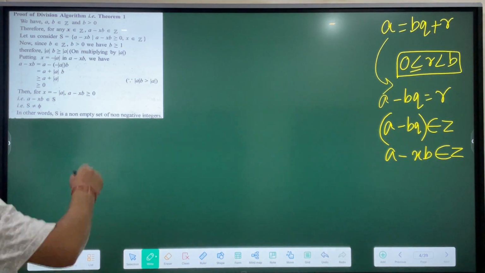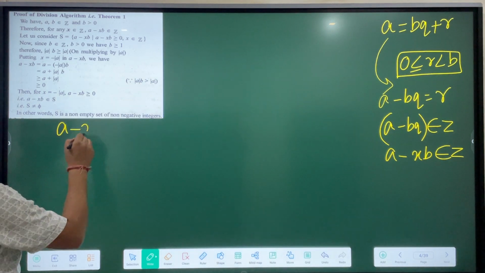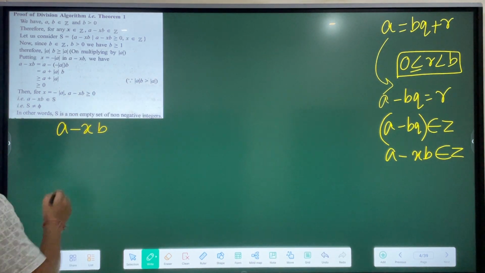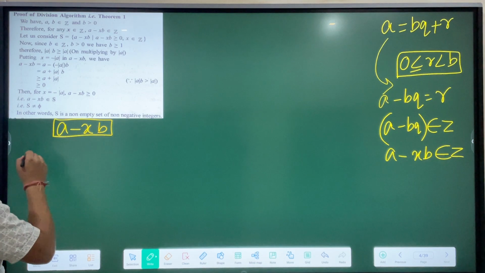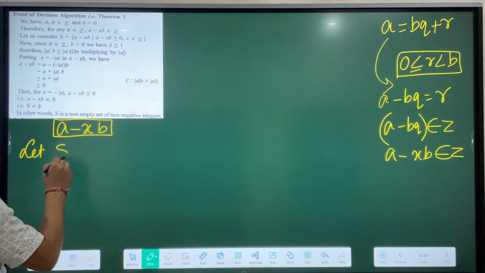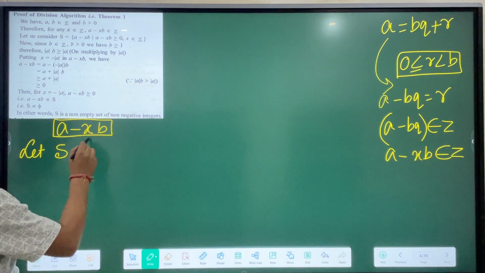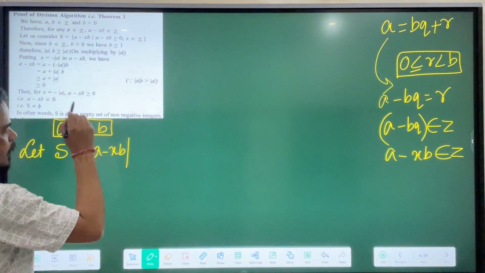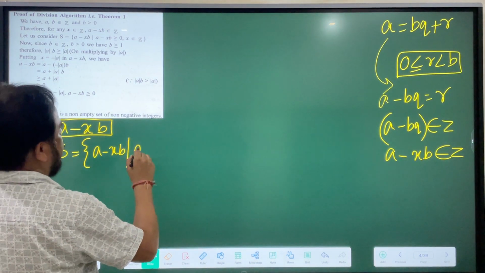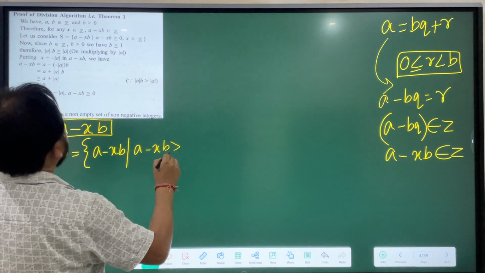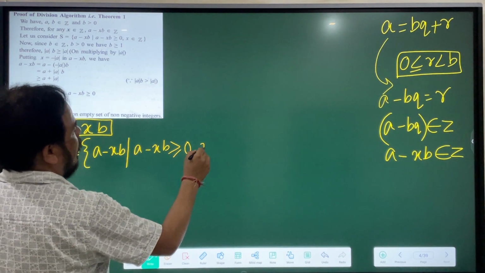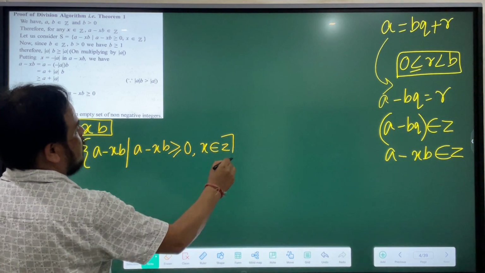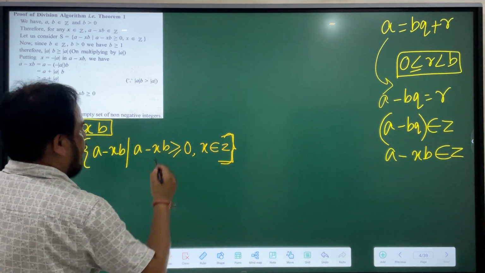So what is given? A minus XB. This A minus XB we just take as a set. What is the set? A minus XB such that A minus XB is greater than or equal to 0, where X is an integer.